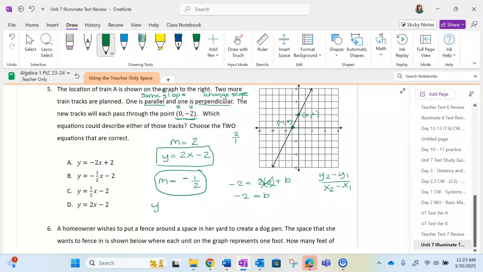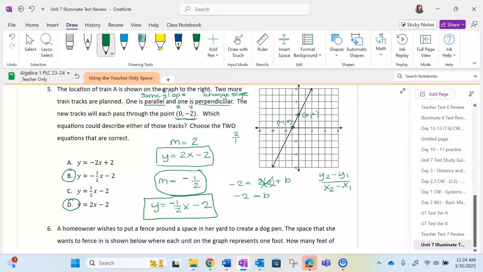So this equation is y equals -1/2 x minus 2. These are my 2 equations. So, first one is D. The second one is B. Those are my 2 choices.